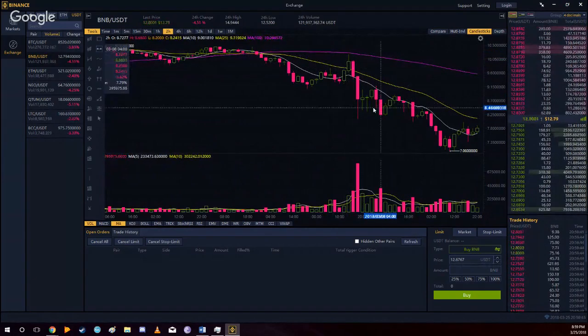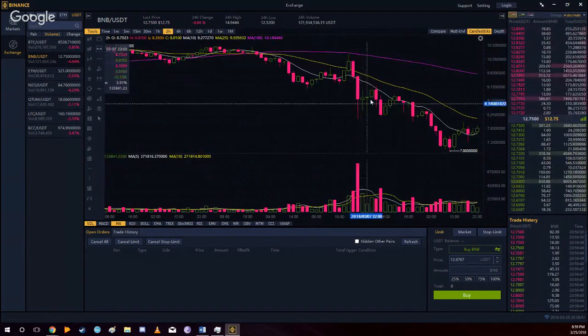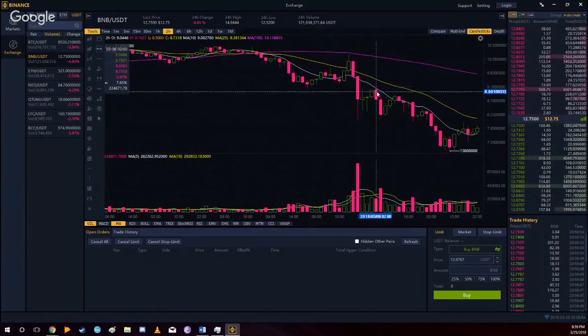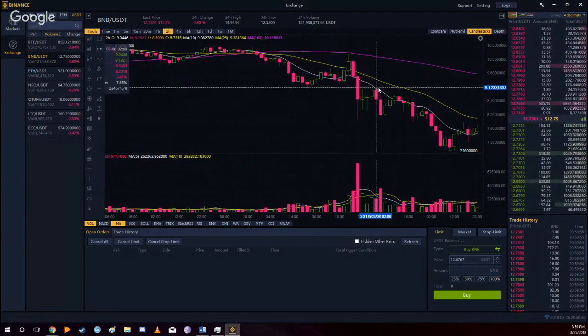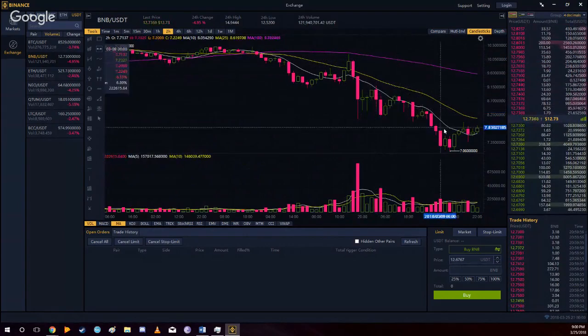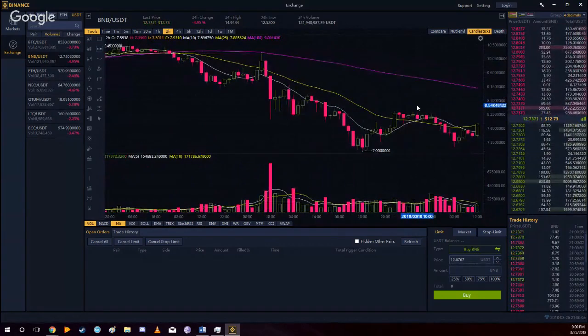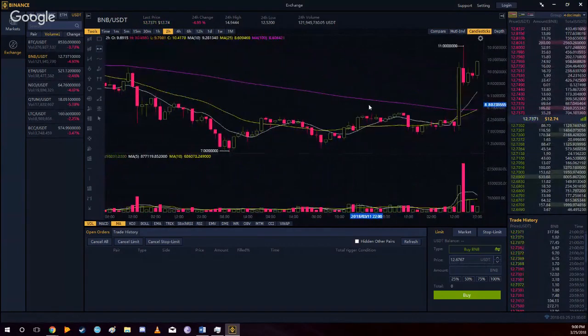So let's take the scenario that I have bought here. The price moved up. I would have said, it will surely hit the MA100 at some point, but it went down again. It went up and down and up and down.